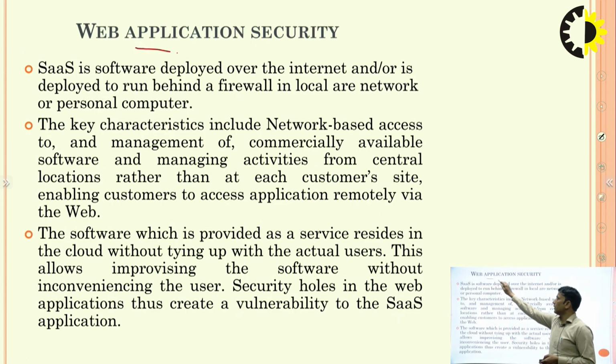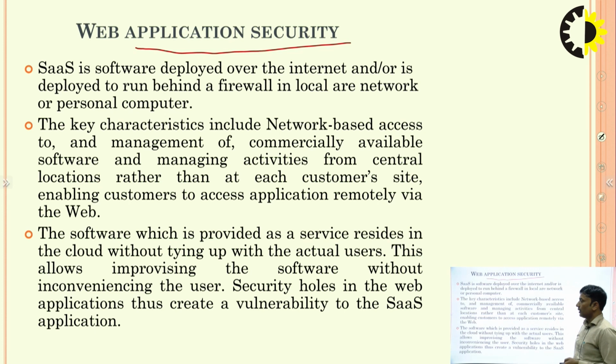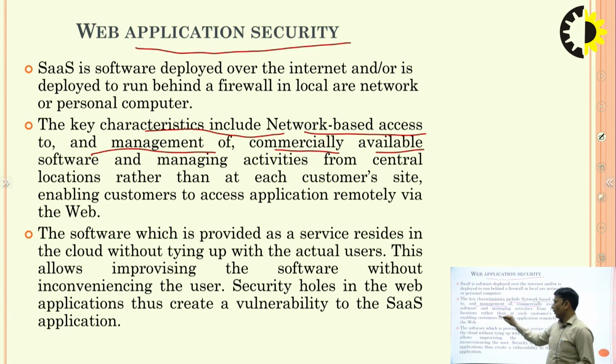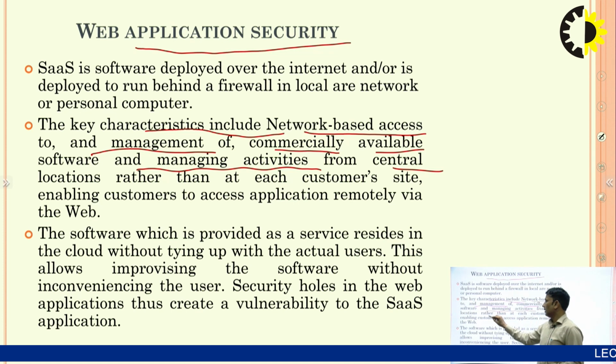Another issue is web application security. SaaS is software deployed over the internet, or deployed to run behind a firewall in a local network or on personal computers. The key characteristics include network-based access to and management of commercially available software, and managing activities from a central location rather than each customer site.